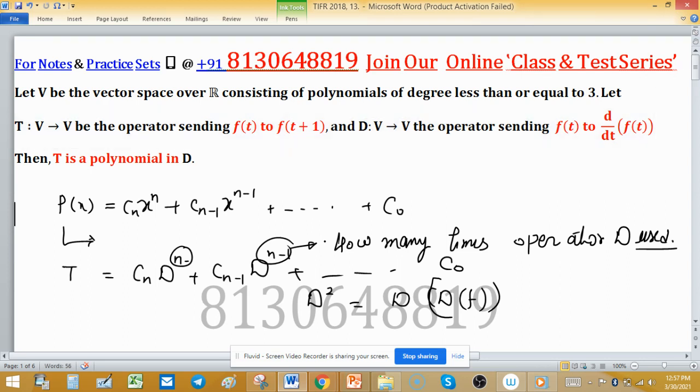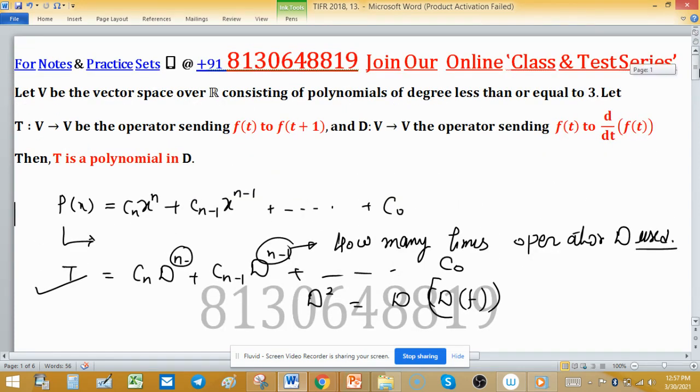But I am going to solve this problem by matrix representation. You can solve it this way because we know the operators D and T, so we can write operator T in matrix representation as well as operator D in matrix notation.